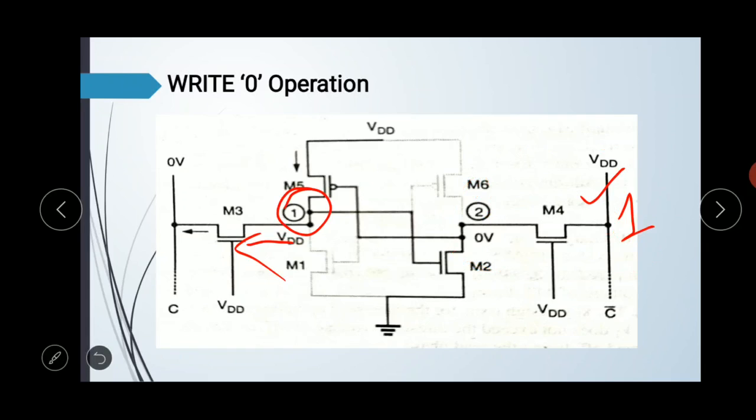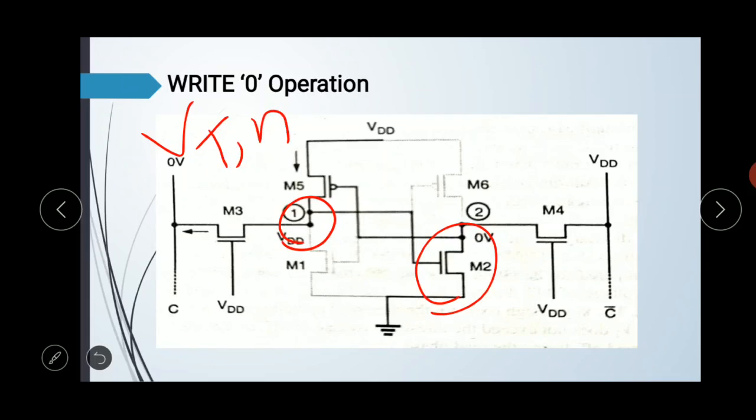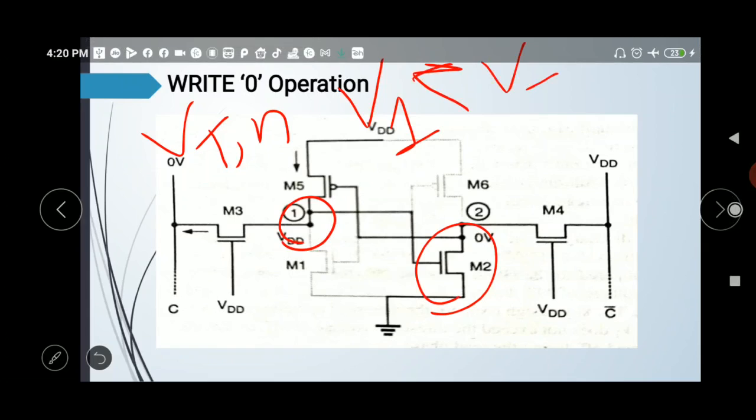But when the voltage starts to decrease, then gradually this internal node voltage becomes below the threshold voltage of M2, VTN. That is, V1 is less than VTN.